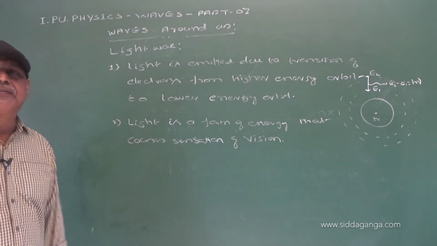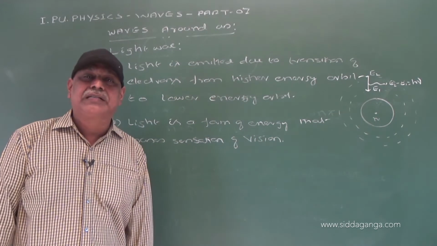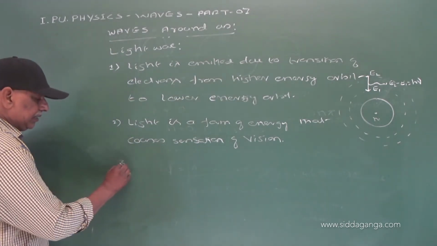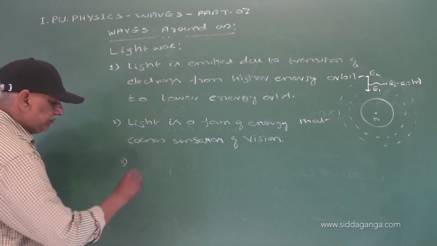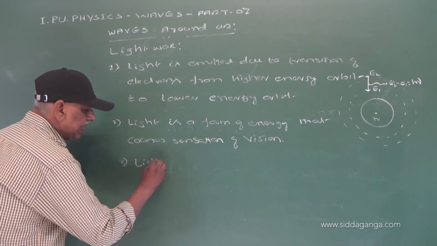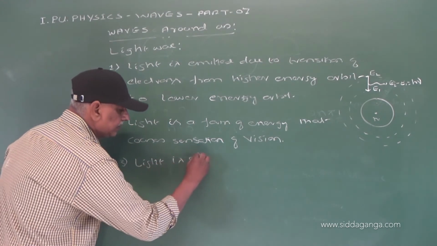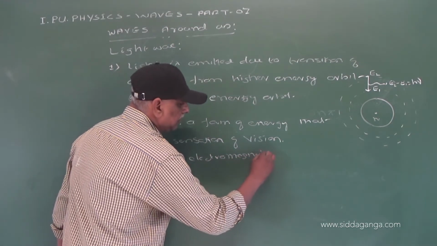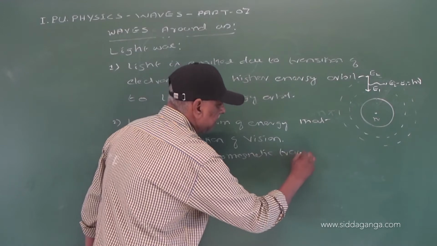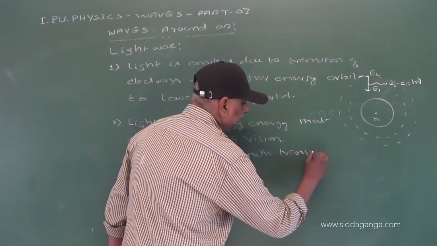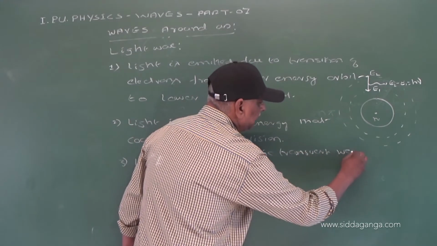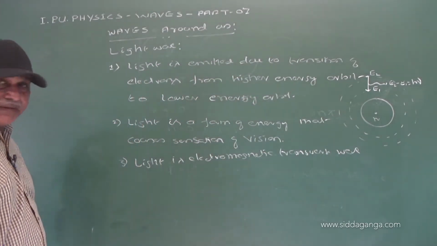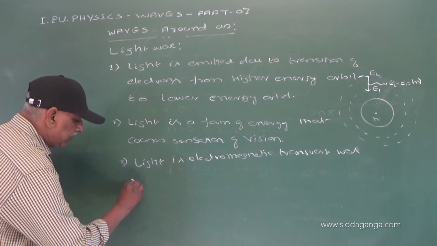Light is a form of energy that causes sensation of vision. Now the third one, light is an electromagnetic transverse wave.